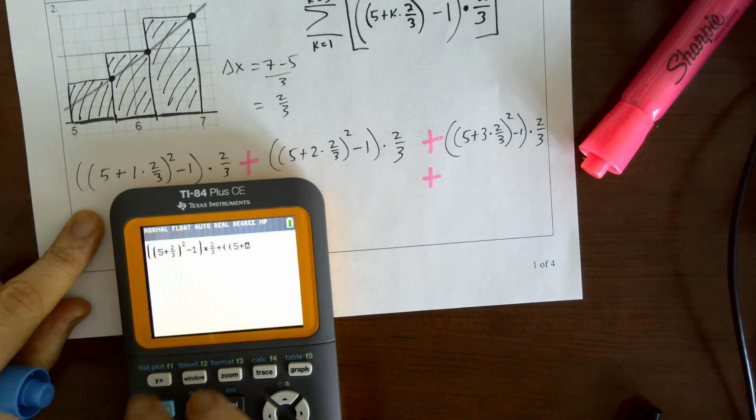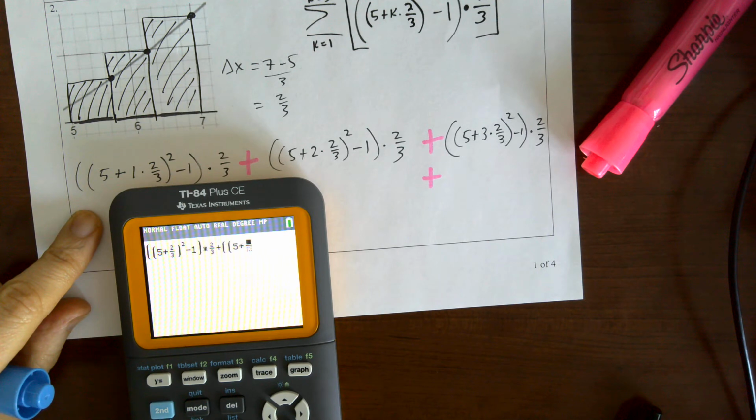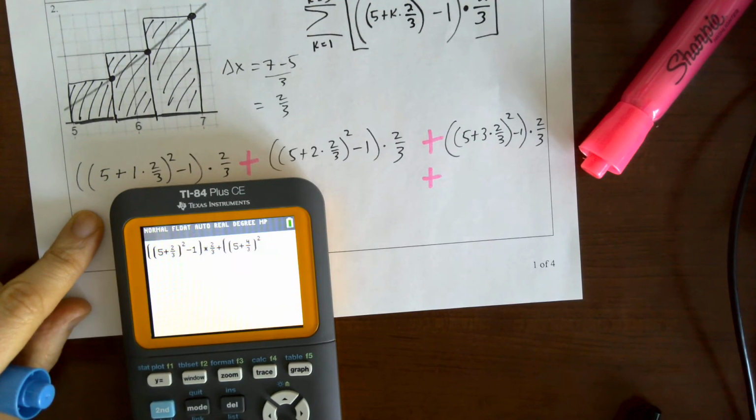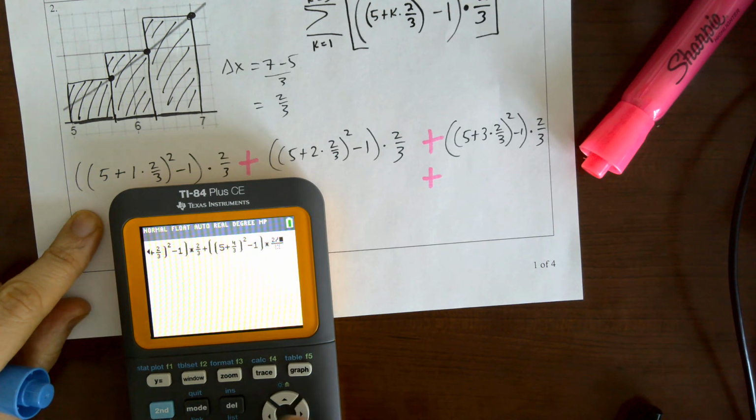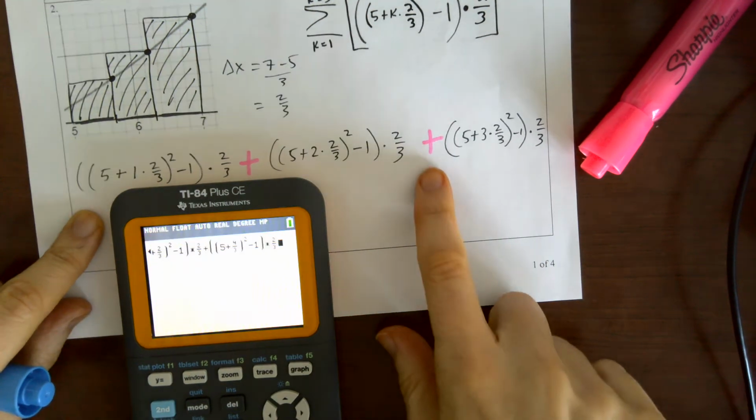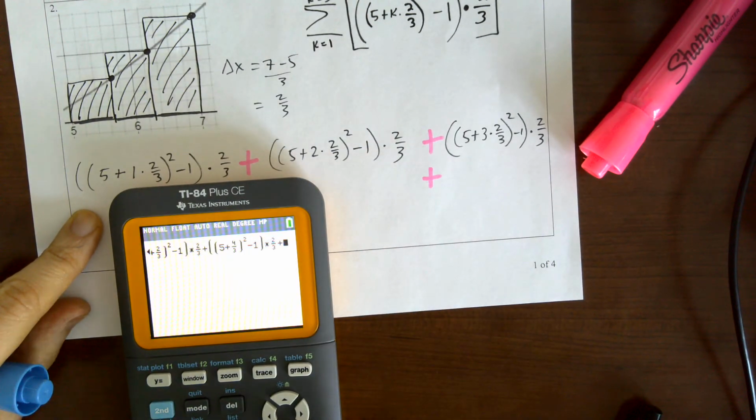Then you square that, and then you subtract 1, and then you multiply that by 2/3. All right, and now this plus sign, plus, double parentheses there, 5 plus 3 times 2/3, that's going to be 6/3, so that's just 2.